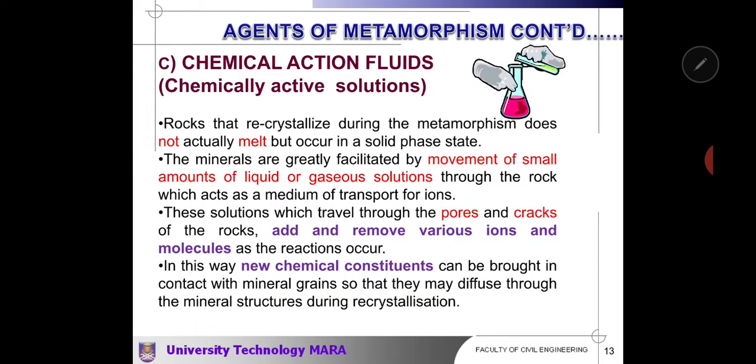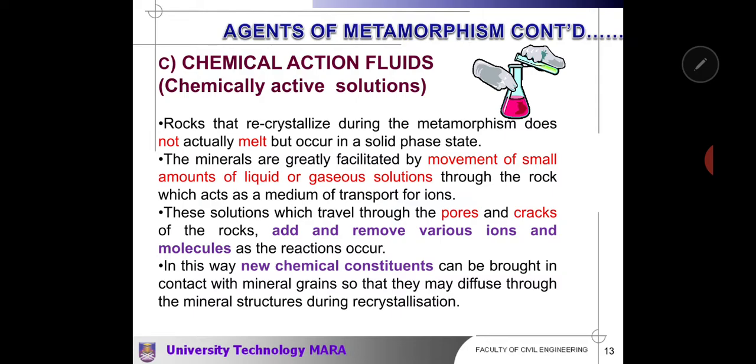Okay, the last one is chemical action fluid. This is more about chemical interaction inside the minerals. Compared with temperature and heat, chemical action is more related to fluid and the transfer of ions.